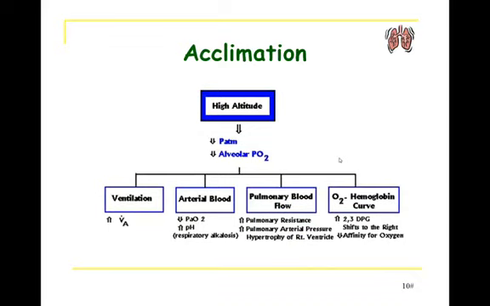It takes anywhere from 2 to 6 weeks or even longer for hematocrit to increase and hemoglobin to increase. So this is why some people acclimate, if they're going to climb Mount Everest, maybe up to a month to get the optimal acclimation. The diffusing capacity of the respiratory membrane increases.